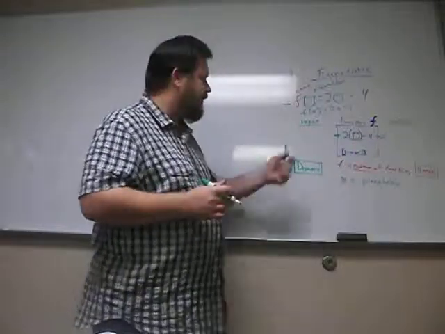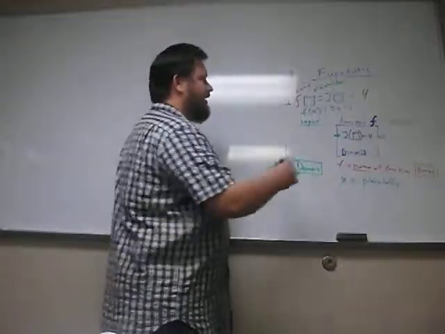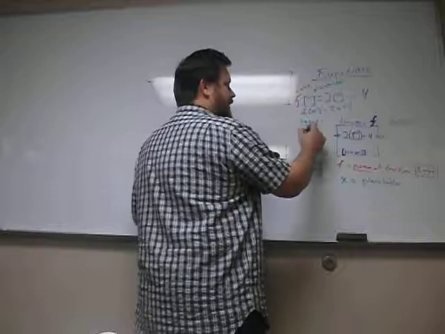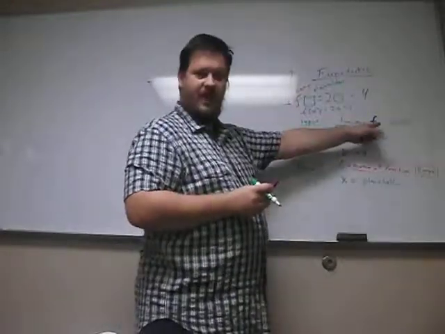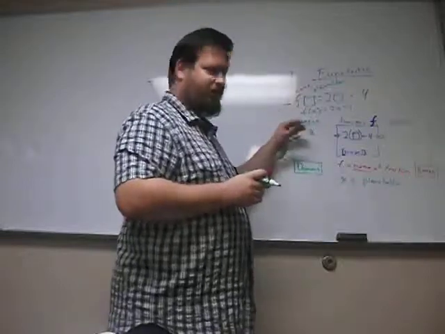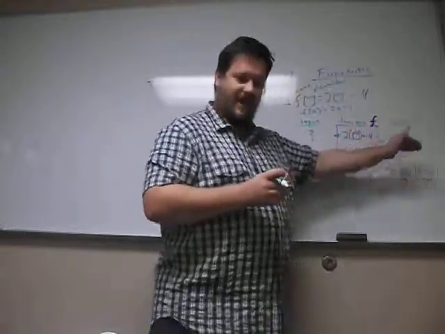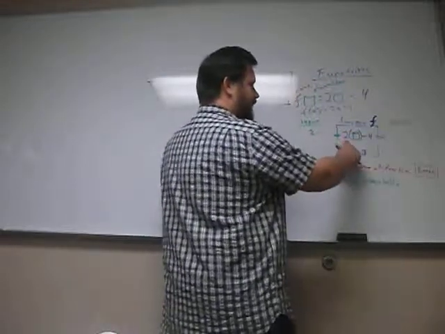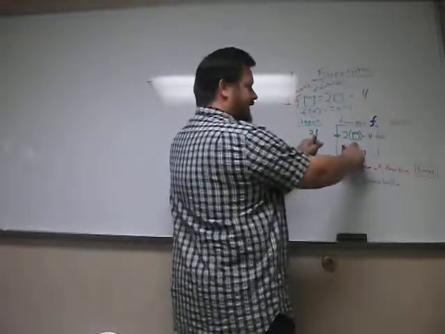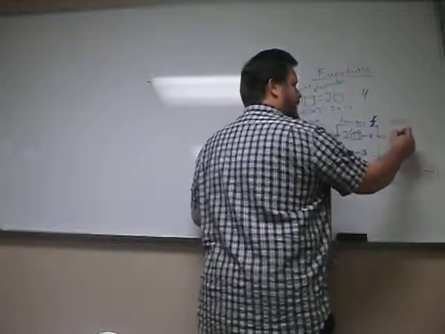What does it mean if I plug something in and I do this process to it, what comes out? For example, what happens if I plug in a 2 to this function f? If I take a 2 and I f it, what happens? Well, I plug in a 2, so I've got 2 times 2, which is 4, minus 4 equals 0.